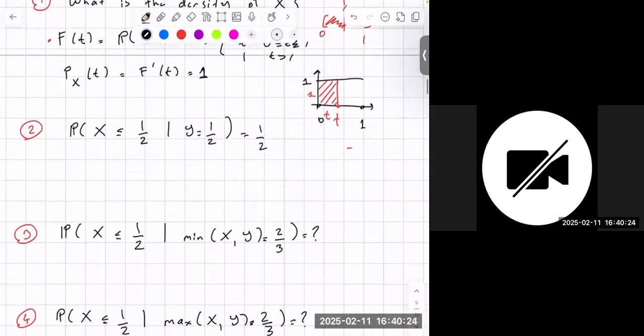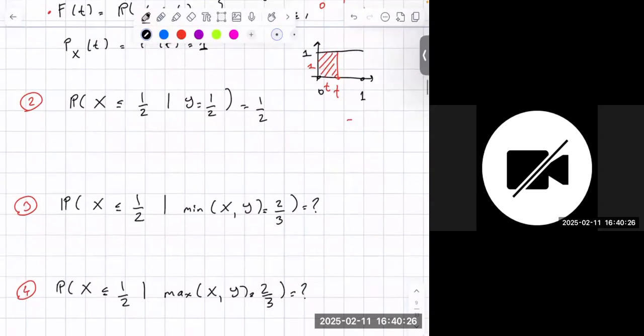Okay. How about the third one? Now they tell you the minimum of these two is 2/3. What is the probability of X being less than half? Zero. Yes, because if the minimum is 2/3, X can never be less than half. X can be at least 2/3.